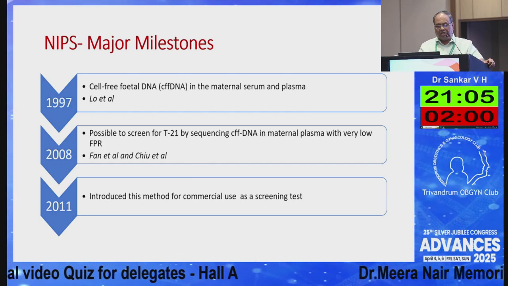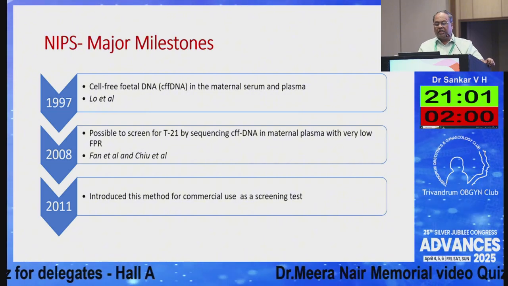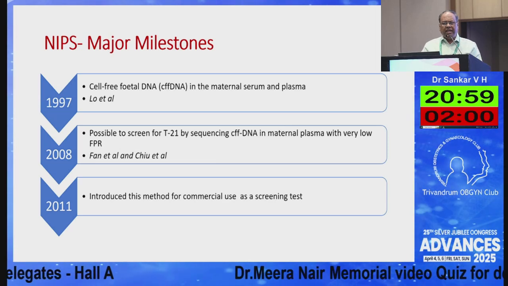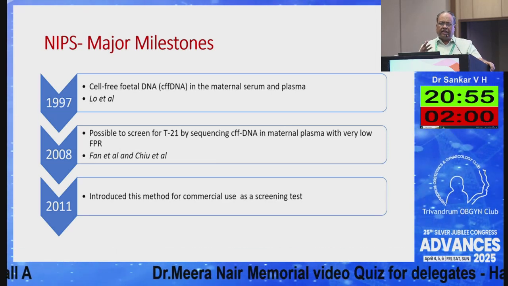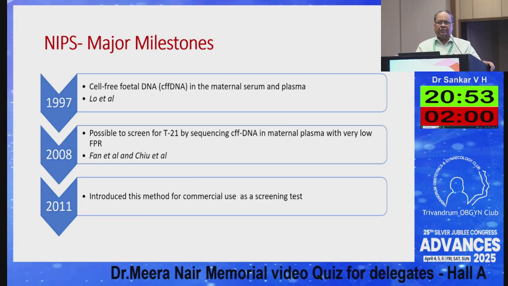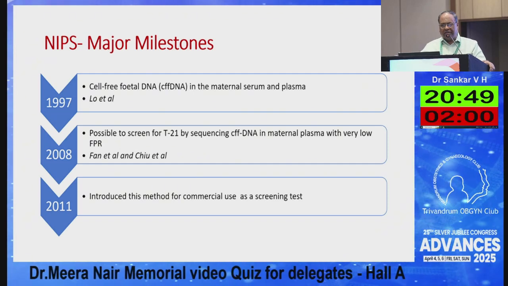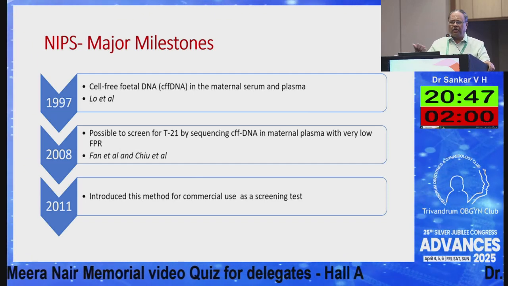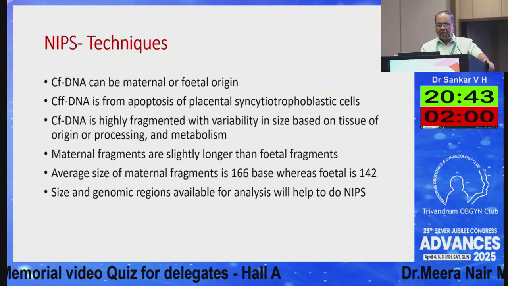They described the first paper in 2008. From 2011 onwards, this method was introduced for commercial use as a screening test in various parts of the world, including India. Previously, no labs in India were doing it. The samples were going to Singapore and various places, and we were getting the results. But after 2014-15, many Indian labs are also doing NIPS in India.